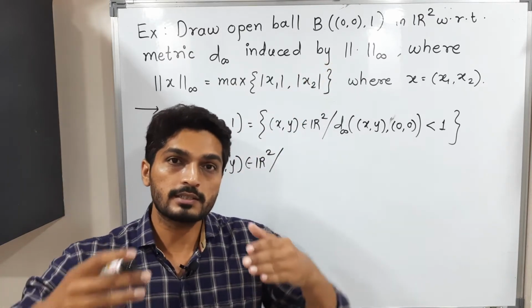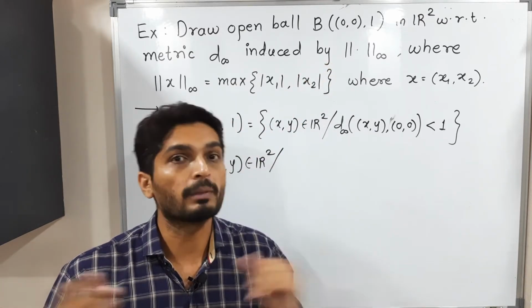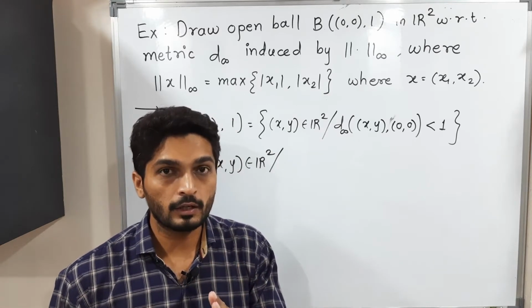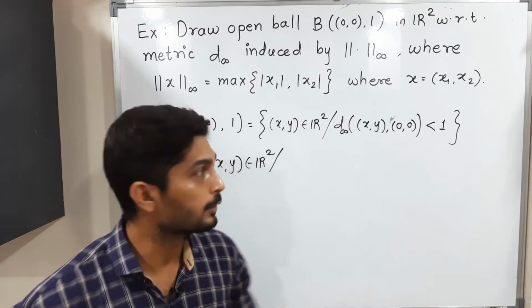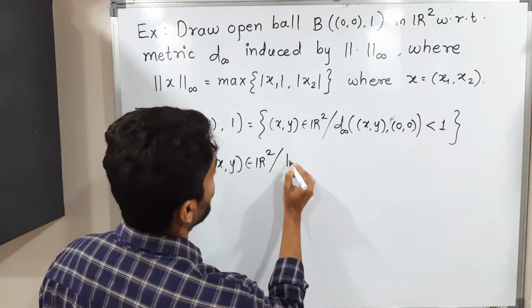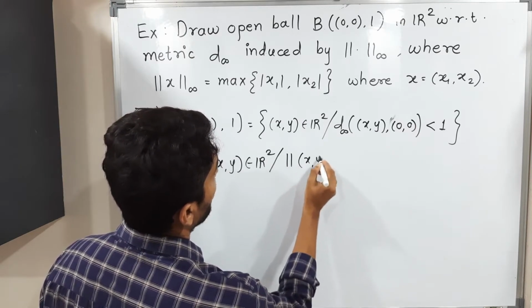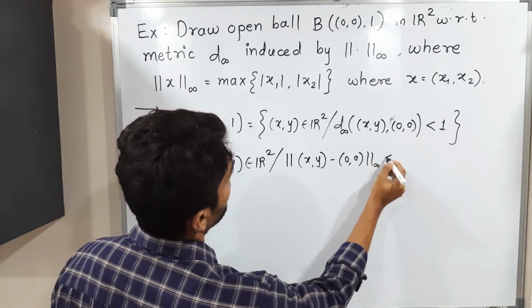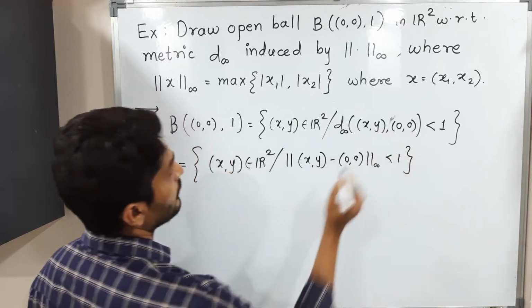That means d infinity is defined with the help of norm infinity. When we have a metric which is induced by some norm, we write it this way: norm of (x,y) minus (0,0), infinity, less than 1.